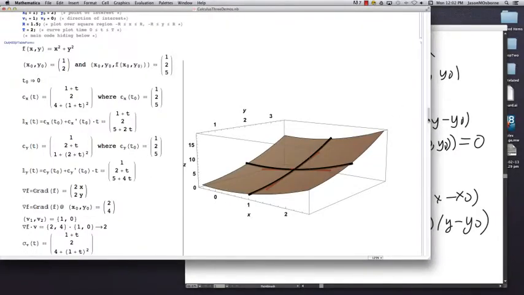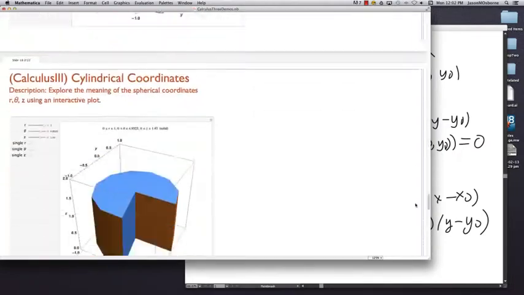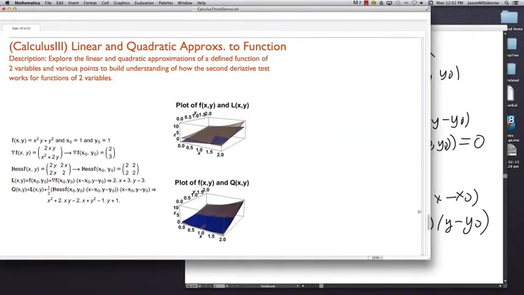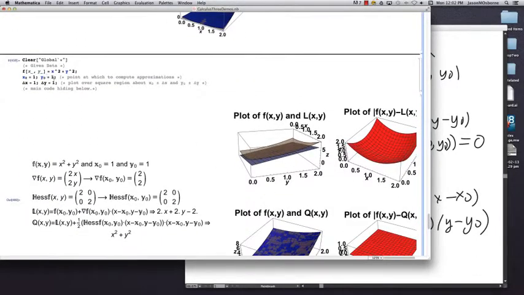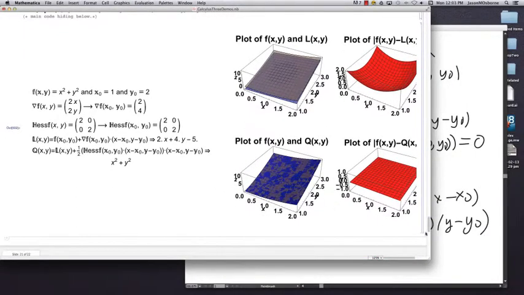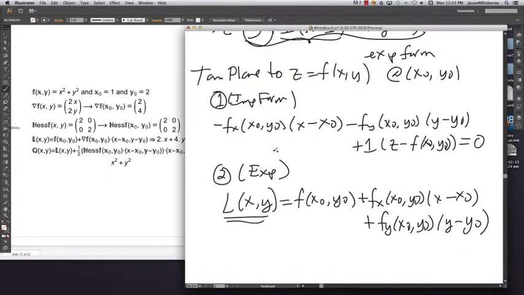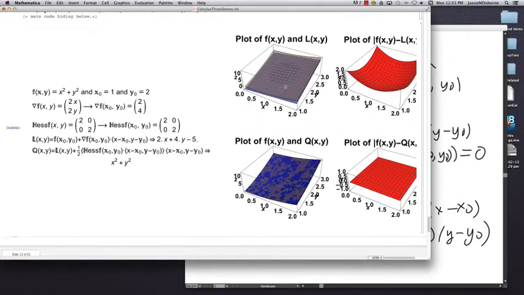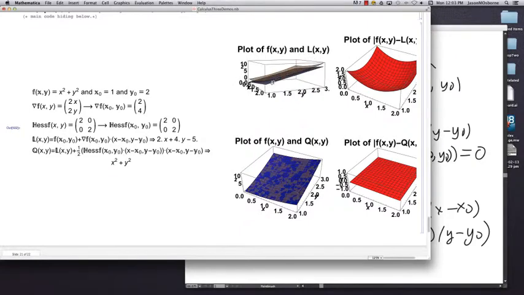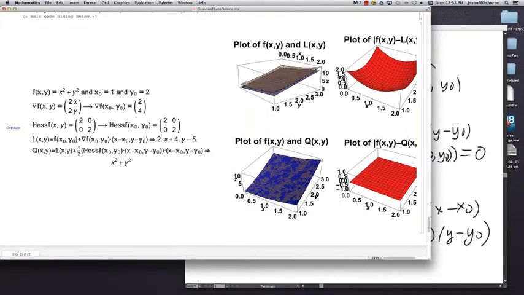Scrolling down in the Mathematica demos, I think there's this nice little tangent plane demo here. You would just put in the function that you wanted, your x naught and y naught values, and run it. And here the computer is showing us the expanded form. In clear gray, that is your surface, that is your function.